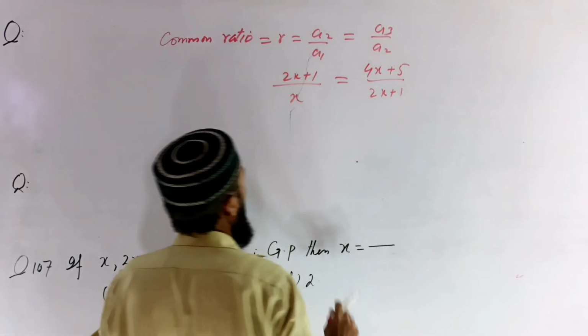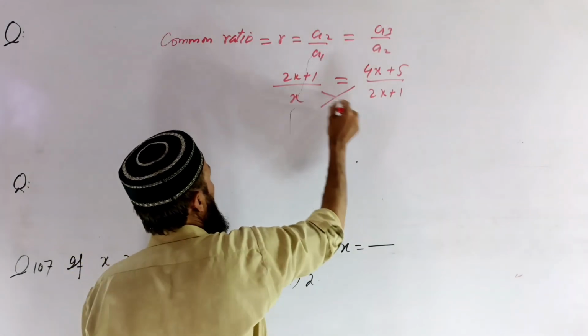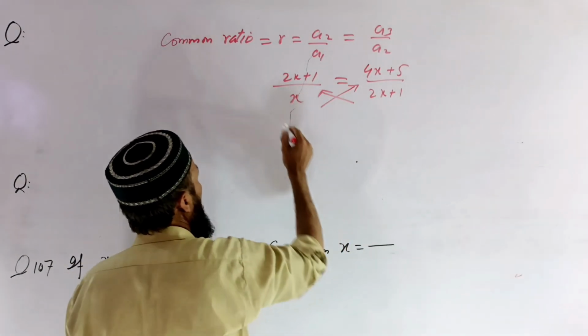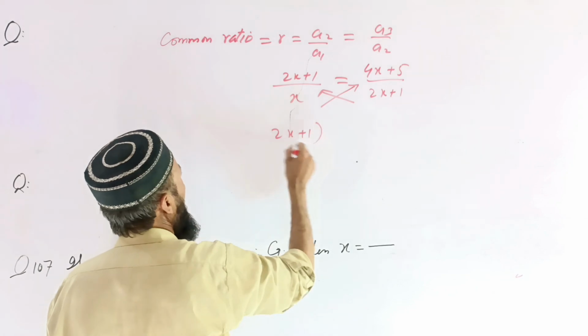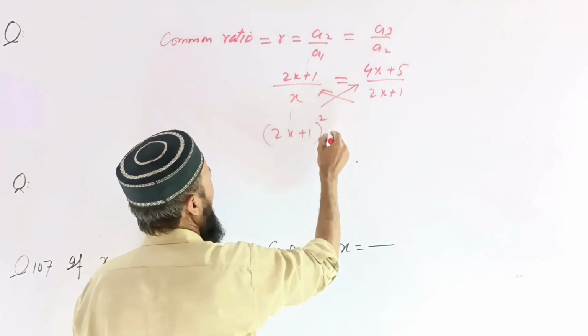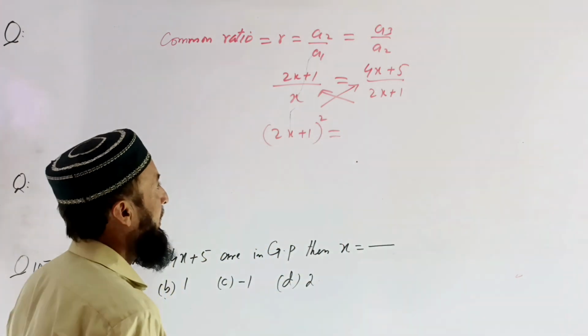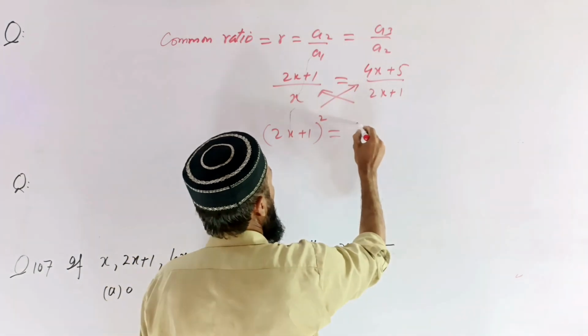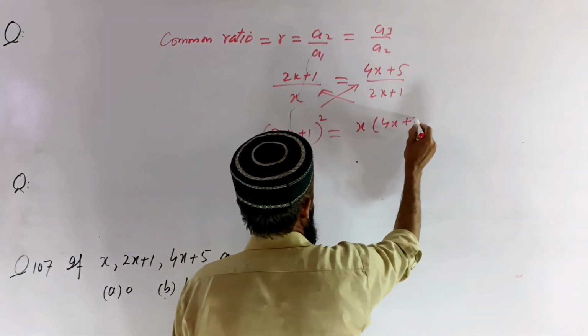If we take cross multiplication, we get 2x plus 1 times 2x plus 1, which we can write as 2x plus 1 whole square, equal to x multiplied by 4x plus 5.